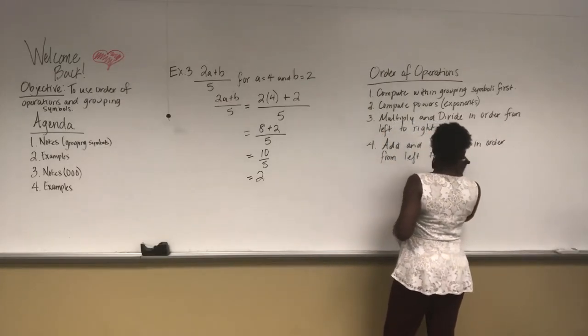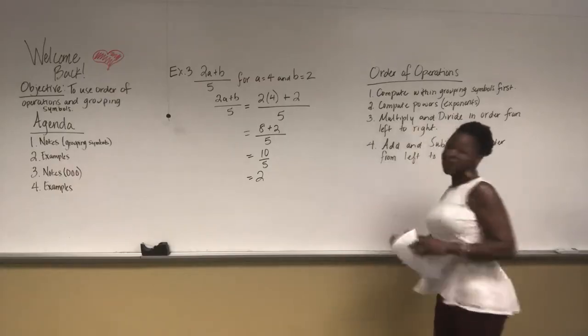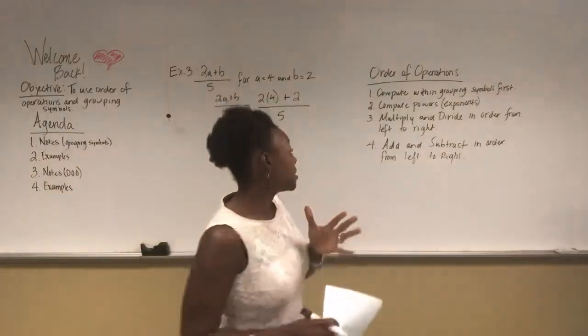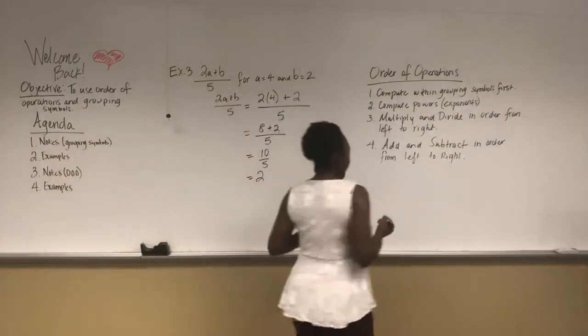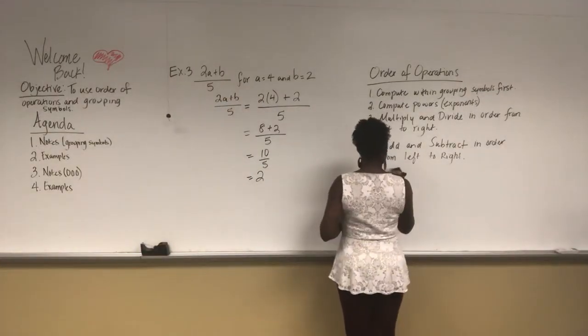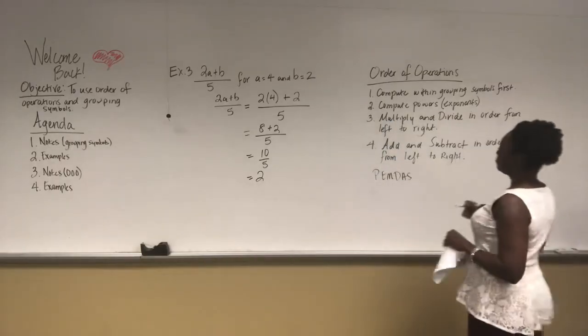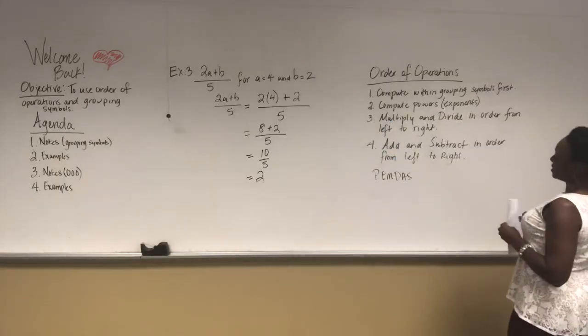Now, what a lot of us are comfortable with, there's an acronym to help you remember the order in which you're going to do those order of operations, and it is PEMDAS. P-E-M-D-A-S. Please excuse my dear Aunt Sally.